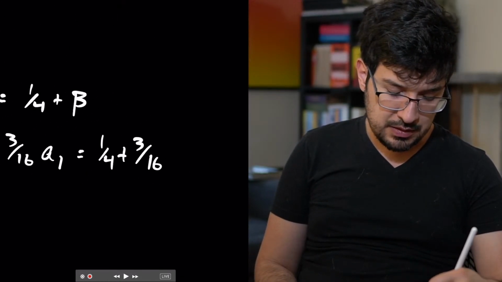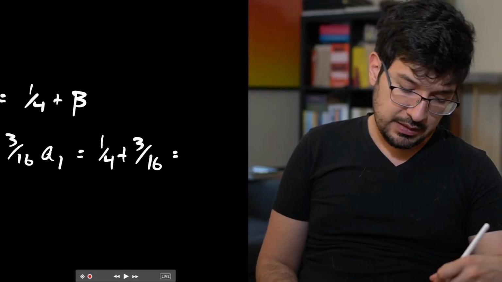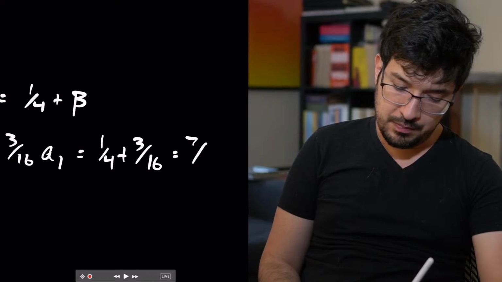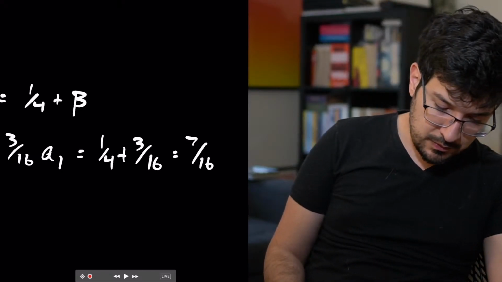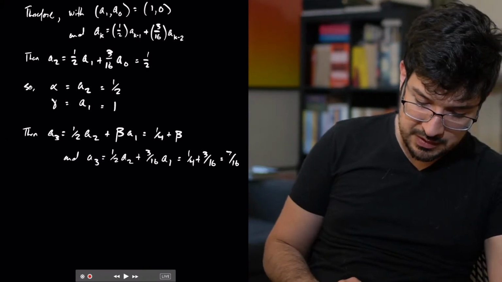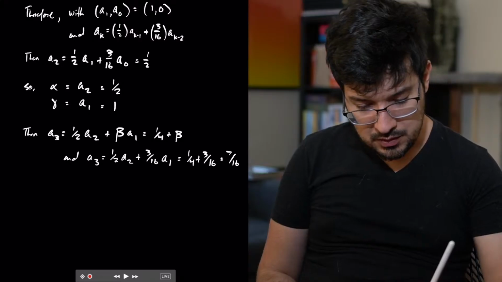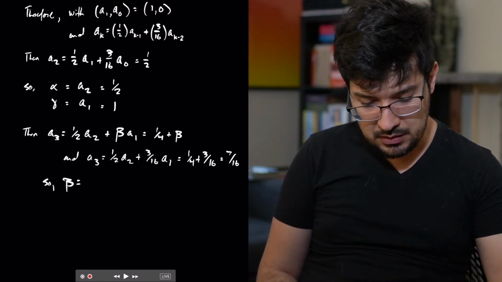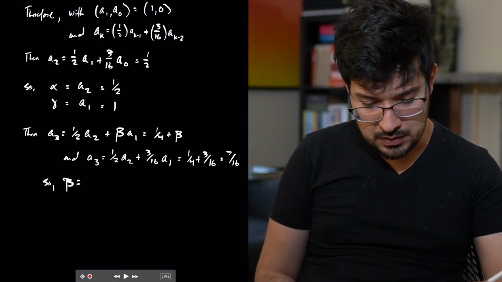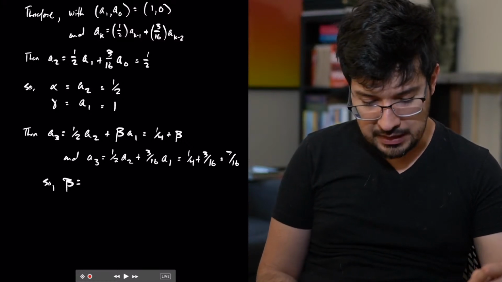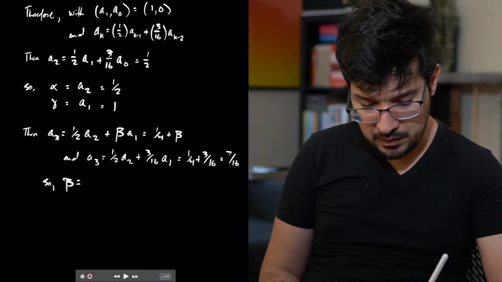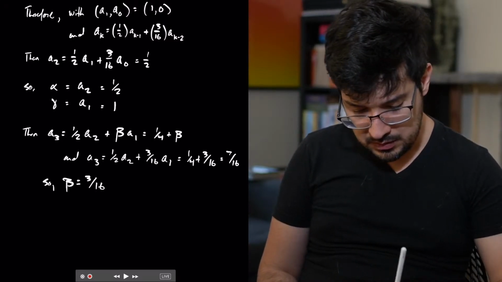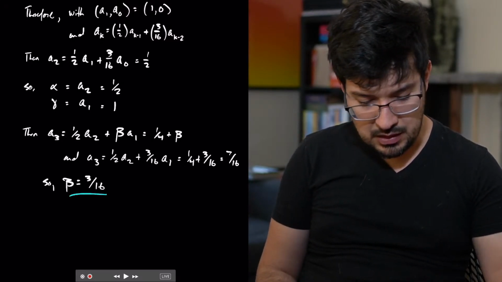So then this is 7/16, right? 7/16. So beta equals A3 minus 1/4. Beta is 3/16.